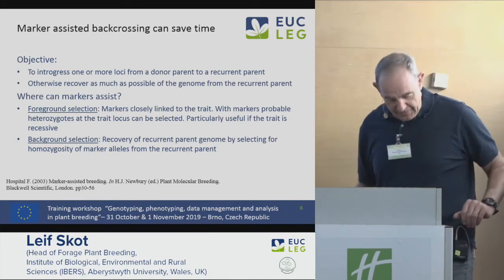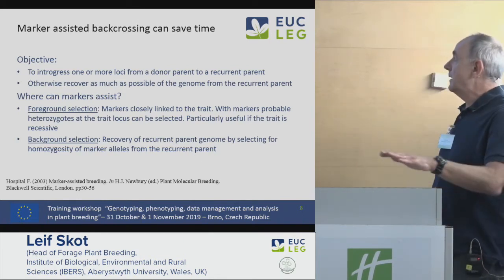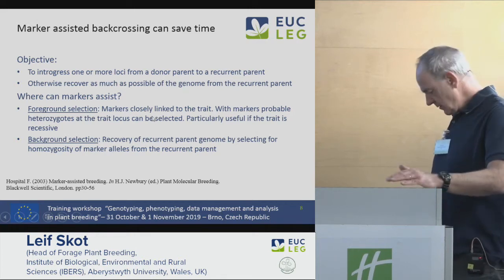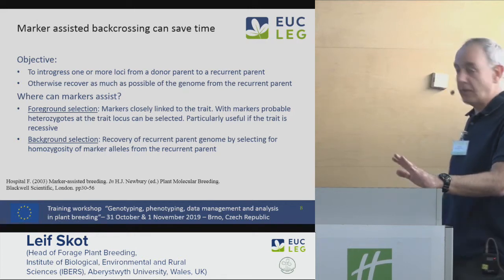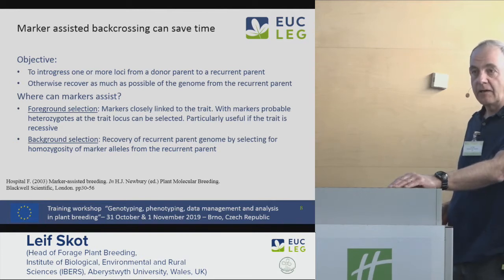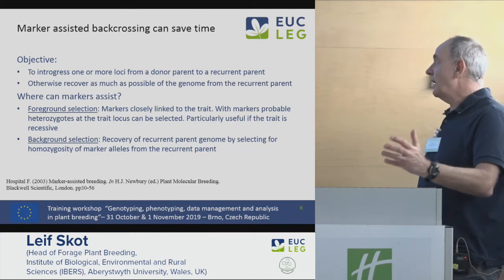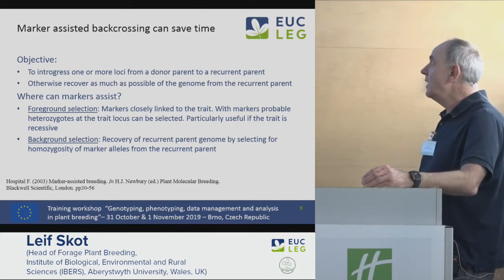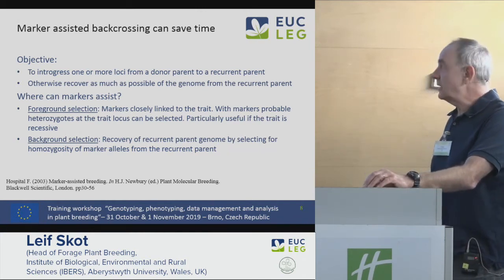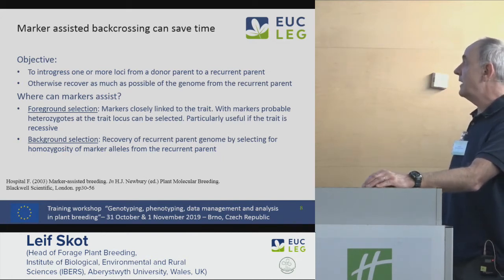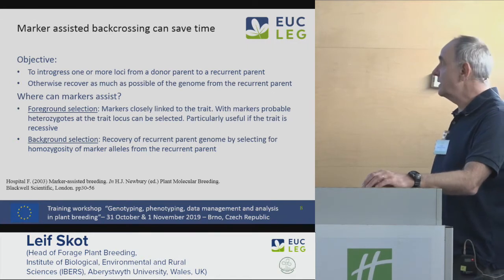Okay. Now I will go towards marker-assisted backcrossing, which is an example of a breeding or crossing program where marker-assisted selection actually has been useful, and there are many examples of that, particularly in rice breeding, I think.